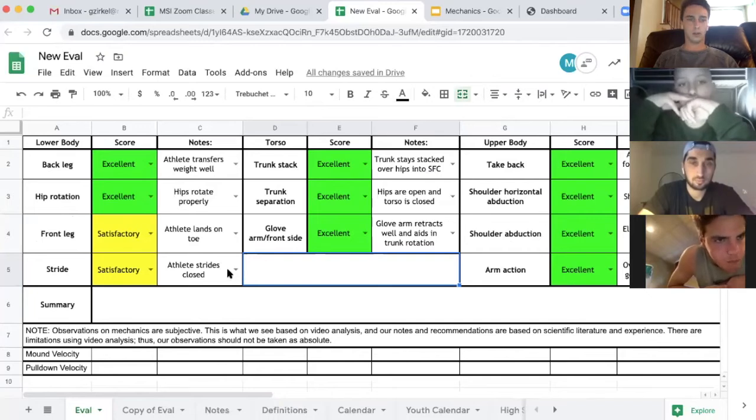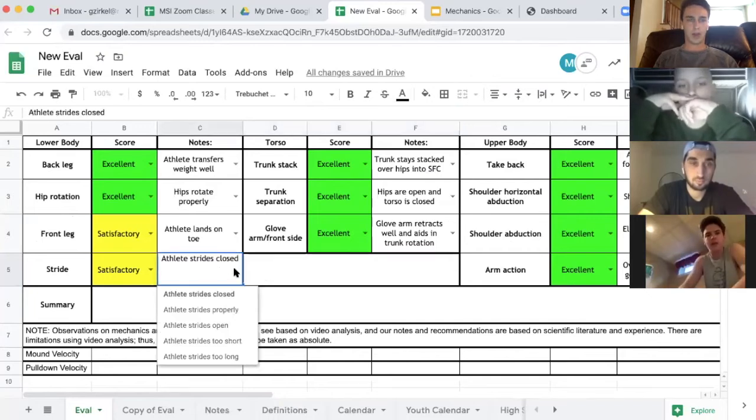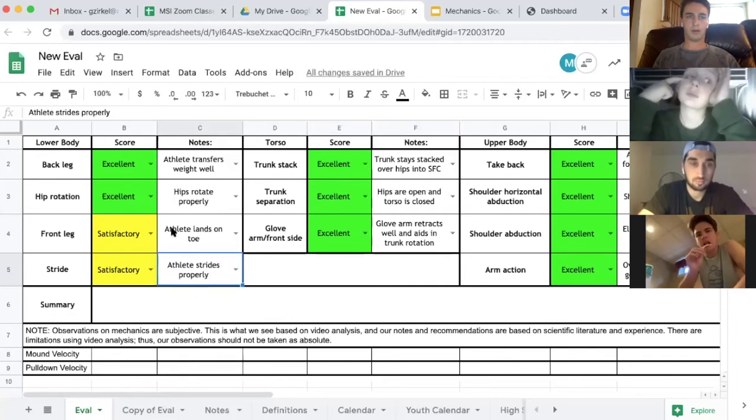The only things that really stand out are that he lands on the toe, stride could be maybe a little short, or that knee rolls just a little bit. That would be something that's pretty nitpicky.